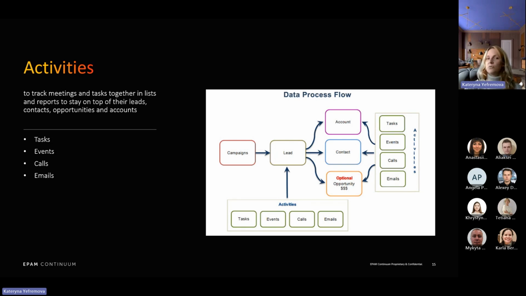Also, it could be more complicated flows. For example, there could be a patient and a caregiver. If the patient is a kid or an elderly person who cannot take care of himself, there could be a caregiver. And they also provide different data process flows for patients and caregivers, because you cannot just copy an email and write to the mom of the kid, hey, your analyses are like these or those, because the person will think that you are talking about his own analysis.